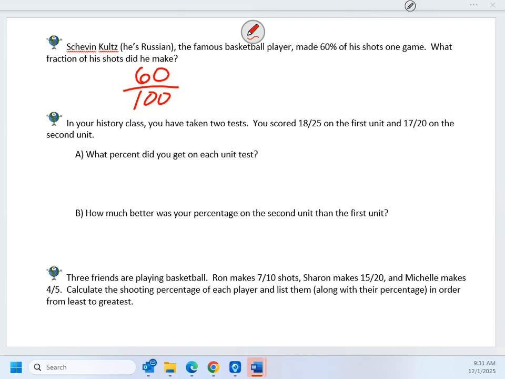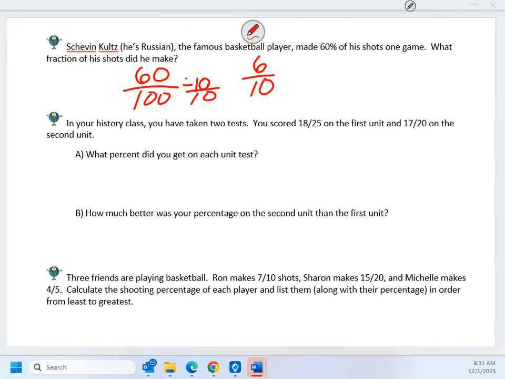I need to simplify. What scale factor can I divide out? Audrey, I can divide 10 out of both the top and the bottom. So 60 divided by 10 is 6. 100 divided by 10 is 10. Whew, simplified. Am I done?